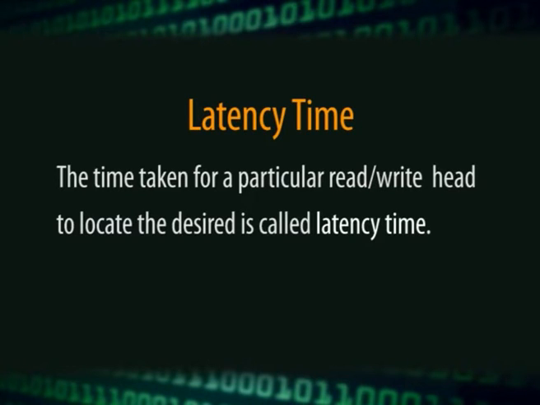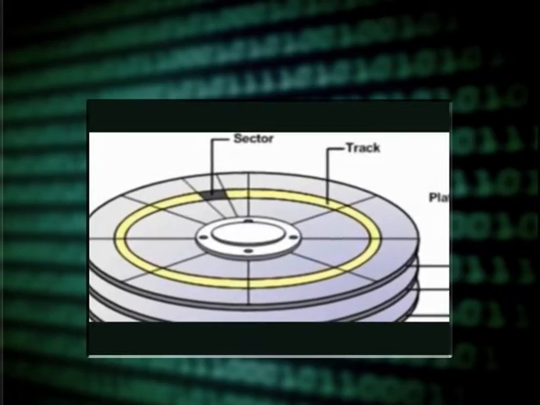The time taken for a particular read write head to locate the appropriate desired data is called the latency time. The third step is to transfer the data which is now identified to the computer system. The time taken is called the data transfer time.